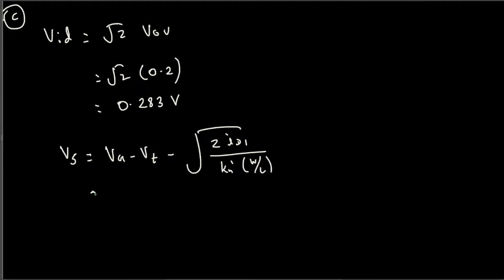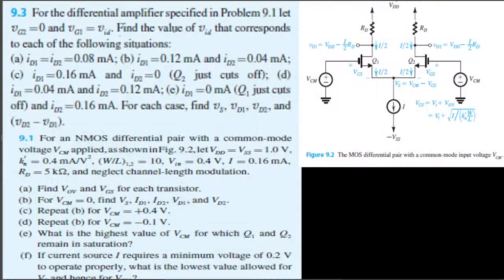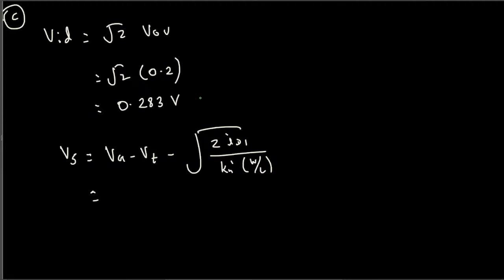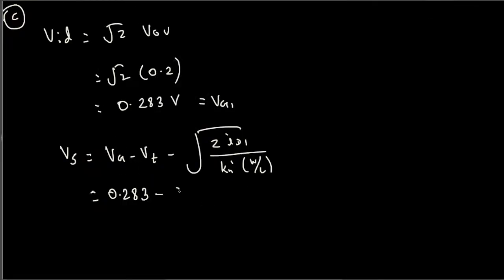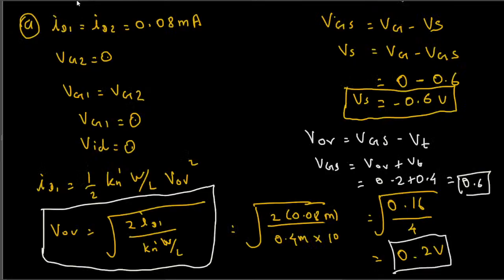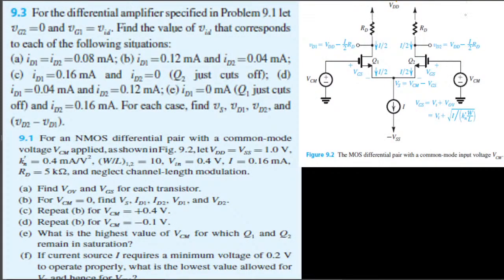VG is nothing but VID, it's mentioned in the question. VG2 is 0, but we are looking at VG1, that is equal to VID. Since VID is already available to us, that's the gate voltage we have to use right here, that is 0.283. And then V threshold is provided, we are looking at 9.1 for the parameters, and in that one we have the V threshold, that's 0.4, and then minus square root of 2, and in this one the current given to us is 0.16 milliampere.